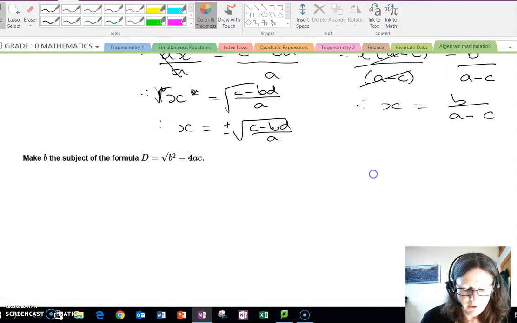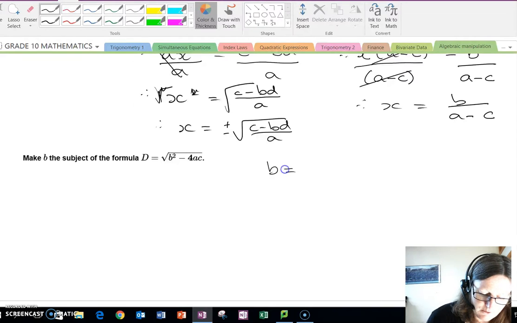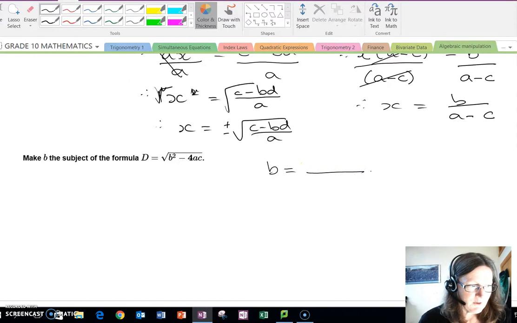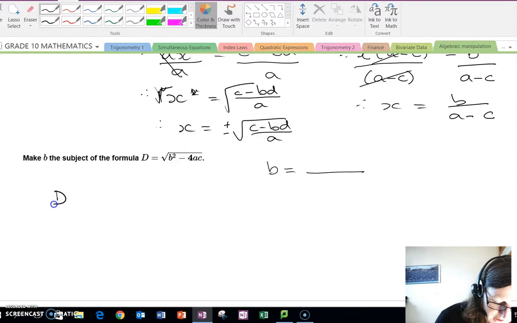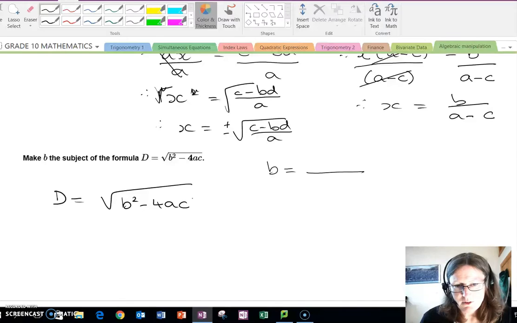One more example. Now this time we are asked to make B the subject. So it wants an answer B is equal to something or other. So let's look at how we do this one. So it says D is equal to the square root of B squared minus 4AC. The first thing I'm going to do is get rid of the square root sign.